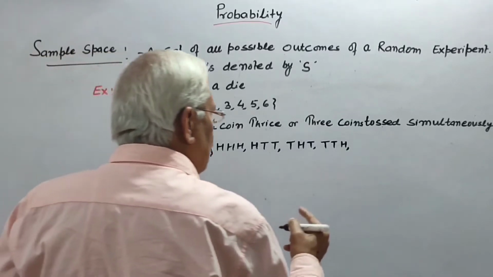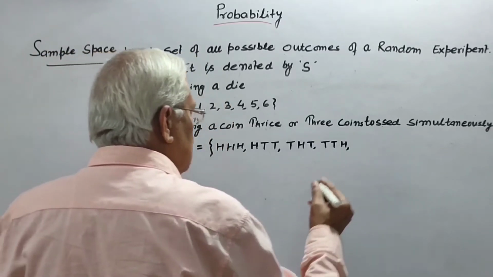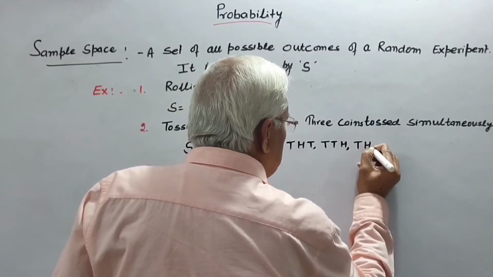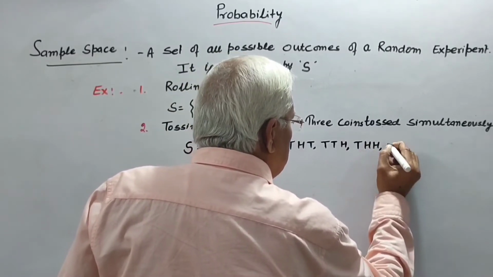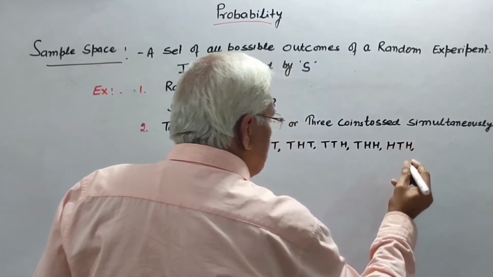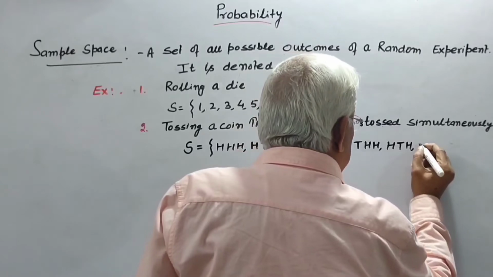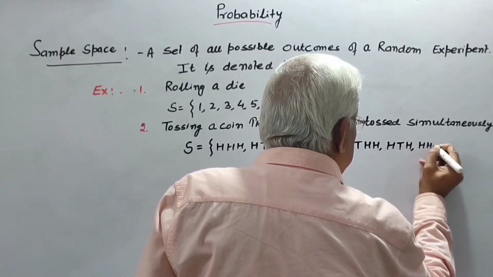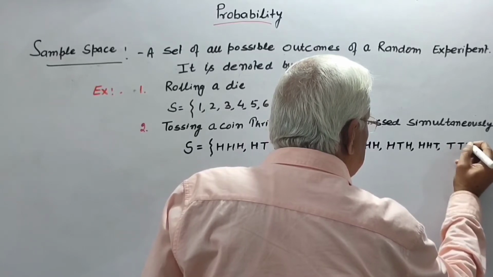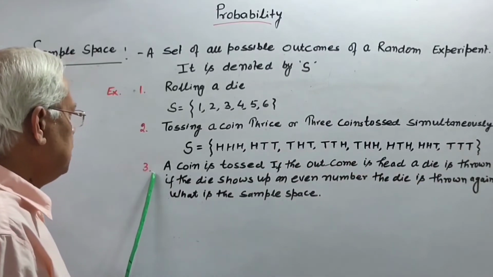Then tail, 1 tail and 2 heads. So tail at the first position, tail in the middle, and tail at the last, and all 3 tails.